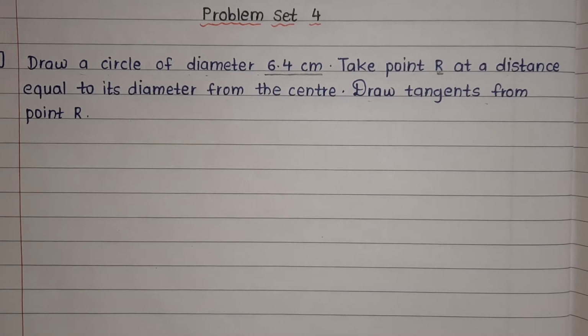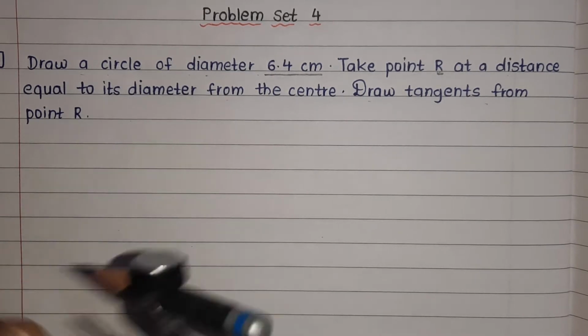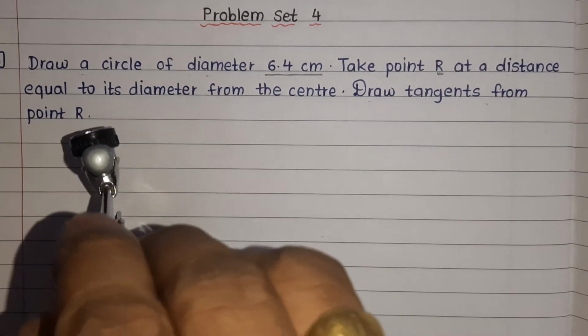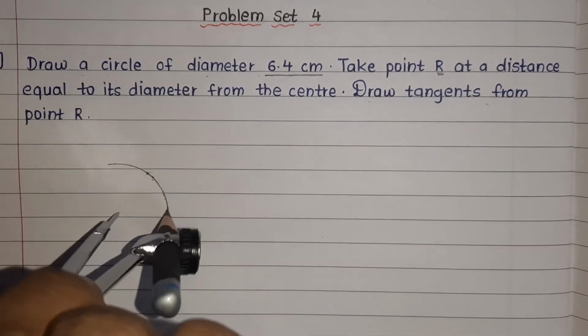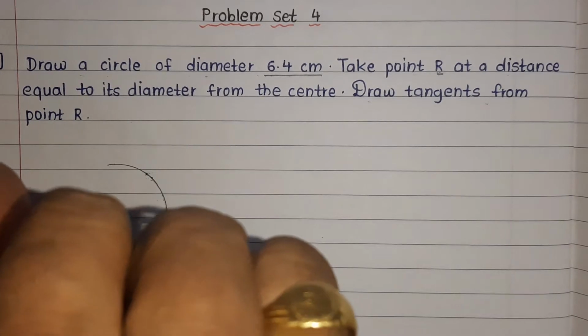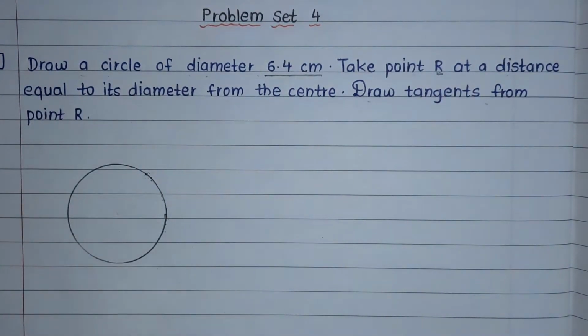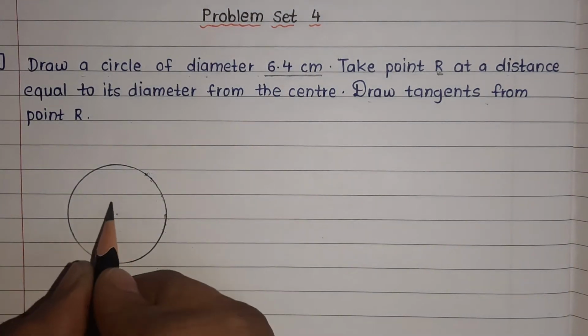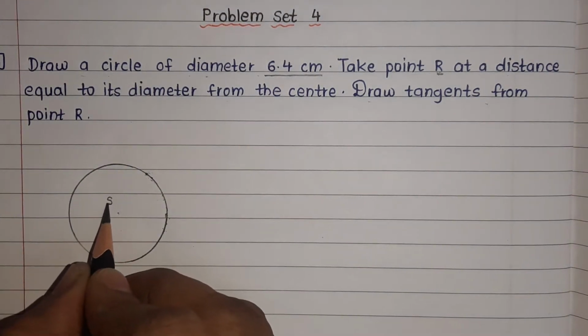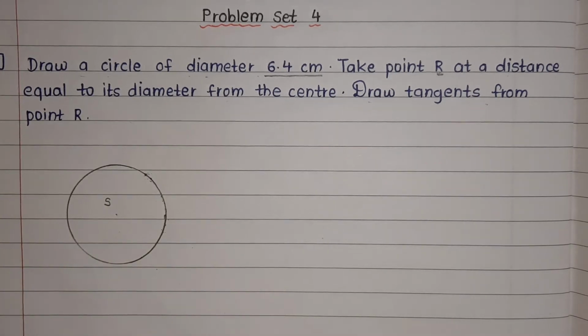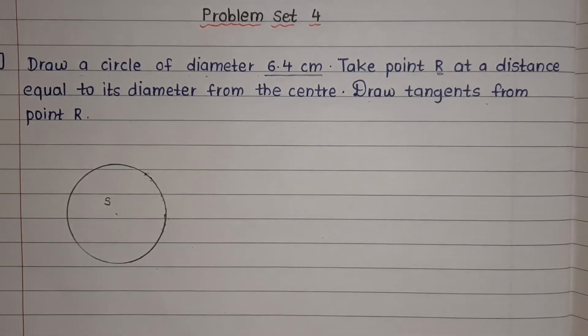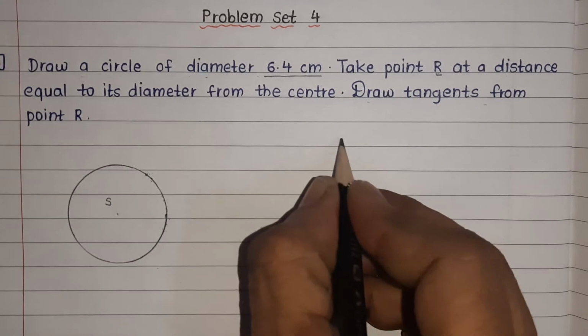Therefore, first of all, dear student, we have to draw an analytical figure. As all of you know, first of all, we have to draw a circle of given radius. In this case, this is the center, and the center is supposed to be S, and radius is not given, diameter is given.